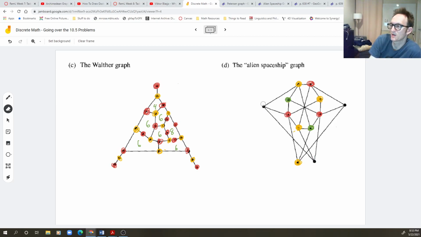I want that to be yellow. So that could be green and that could be yellow? No, that can't be green because there's a green over here. Jeez. I don't really know how to do this problem. But I'm seeing now that this is the problematic vertex.